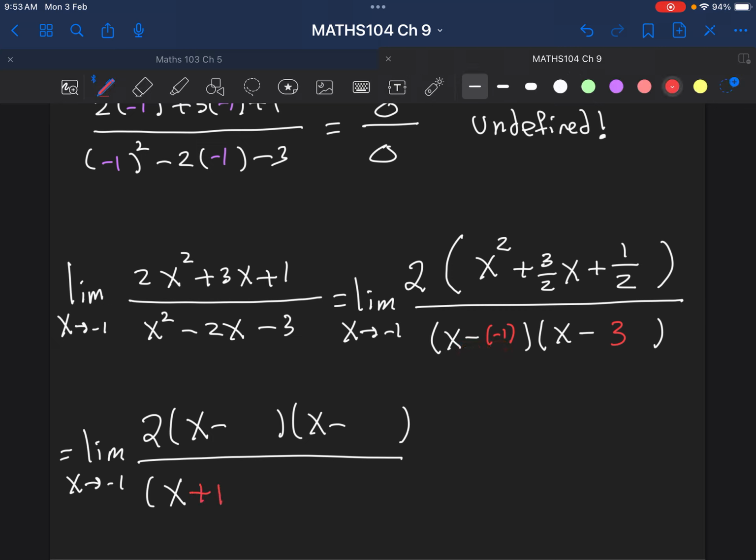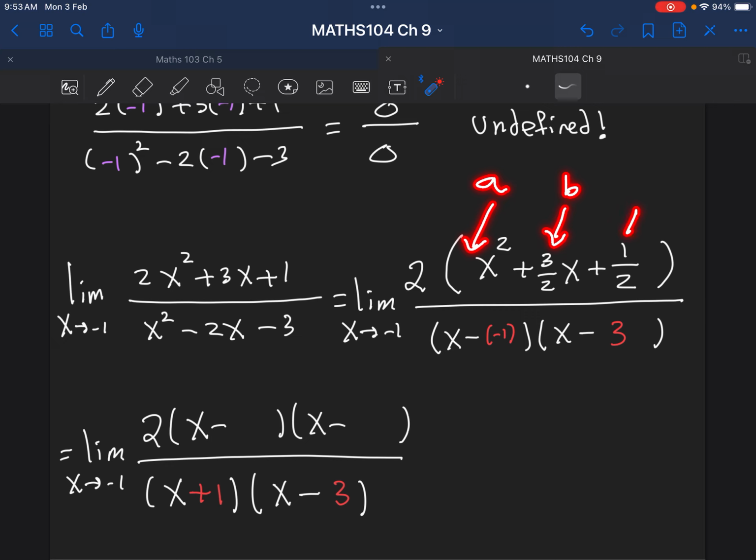It will be x plus 1. And here you will get x -3. Now, if you do in your calculator mod 5, 3, and this is A, this is B, and this is C, you will get two numbers.